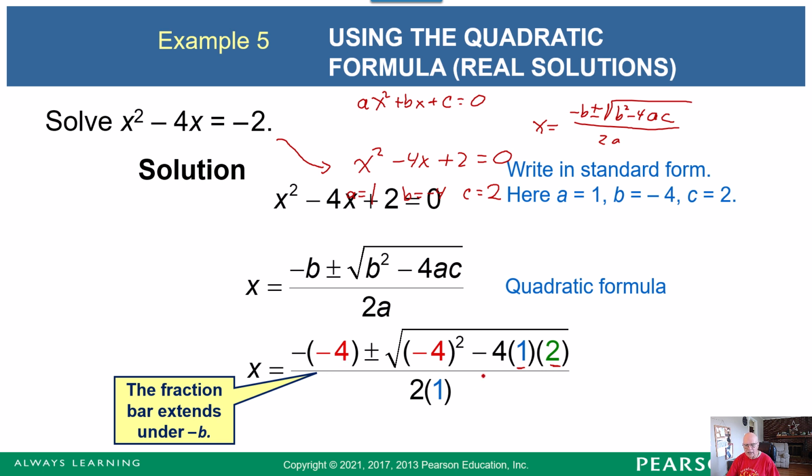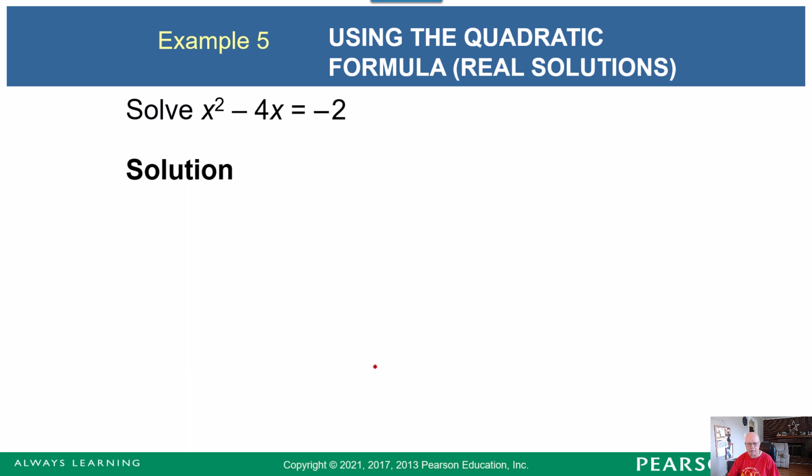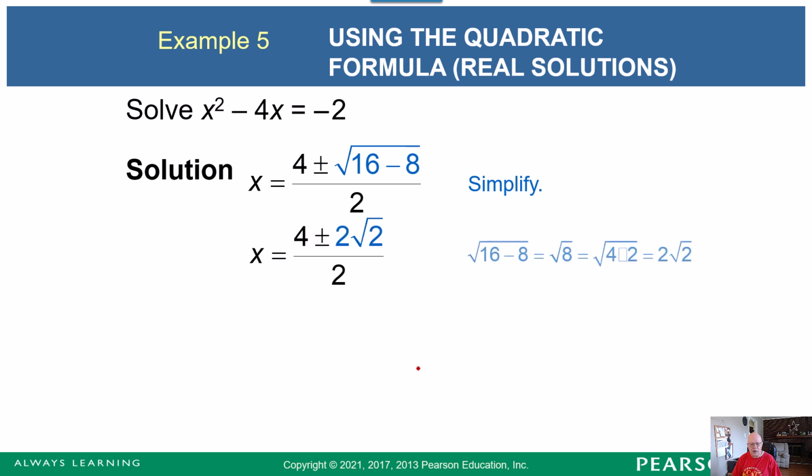So what you've got is 4 over 2 plus or minus 2 square root of 2 over 2. This 2 gets divided into both parts. So you can factor out the 2's, cancel them out, and there are your solutions. 2 plus the square root of 2 and 2 minus the square root of 2.